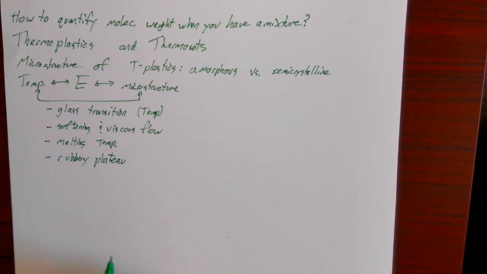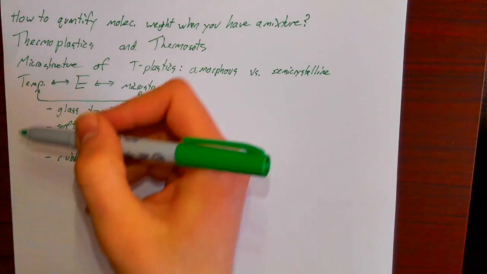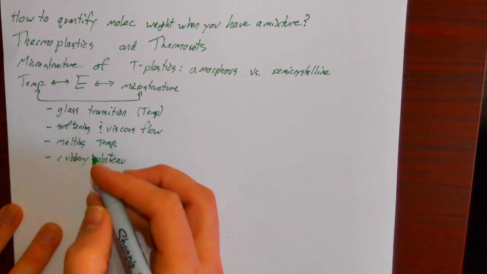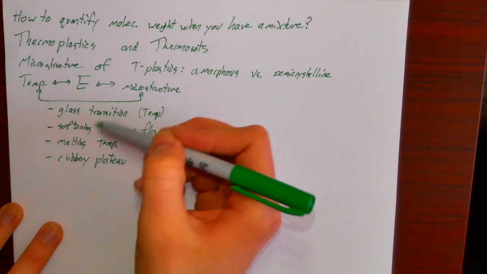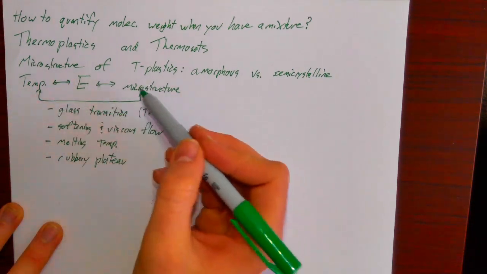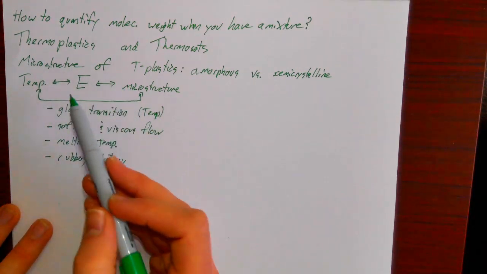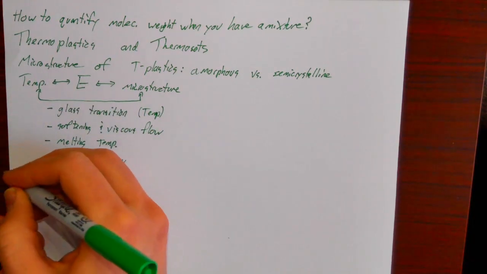Then I'll very briefly at the end describe a shortcut which can give us some rough predictions of when these microstructure and mechanical property changes might be occurring in terms of temperature.